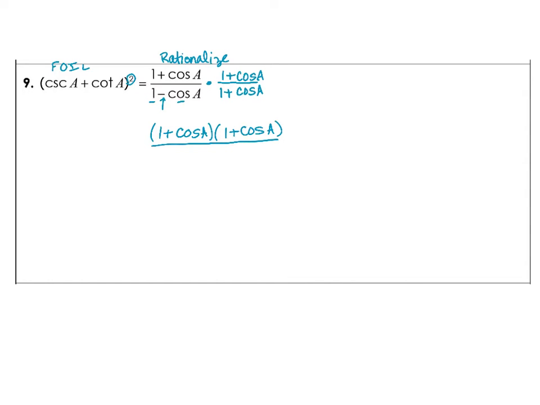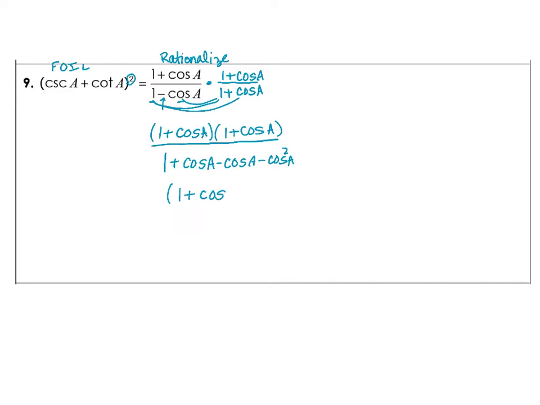In the denominator, that's going to end up giving us, here we've got multiply, here we're going to have 1. And then our outer term is going to be plus cosine A. The inner term is minus cosine A. And then the last term here is going to be minus cosine squared A, sorry. So the numerator, we can go ahead and put that together.